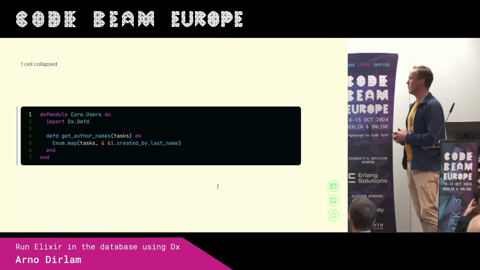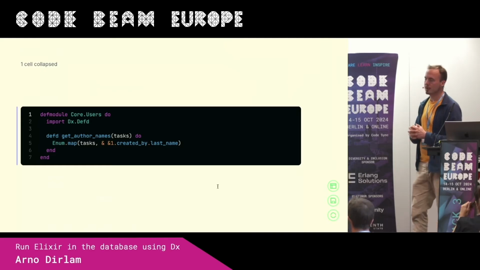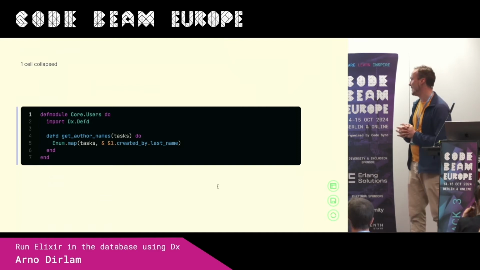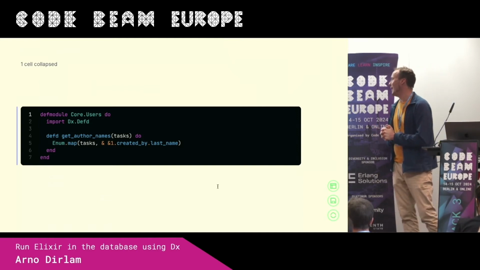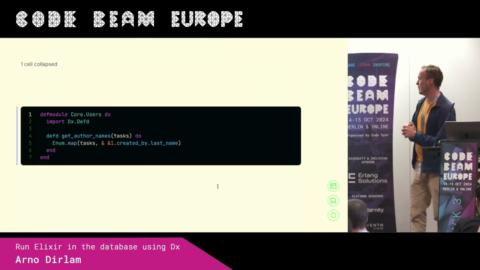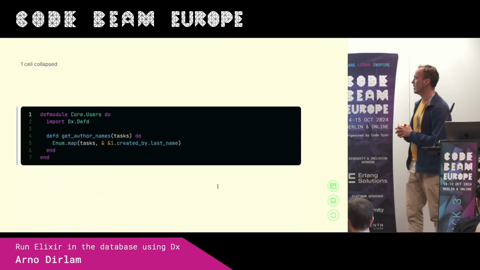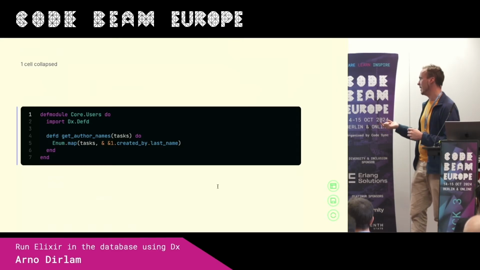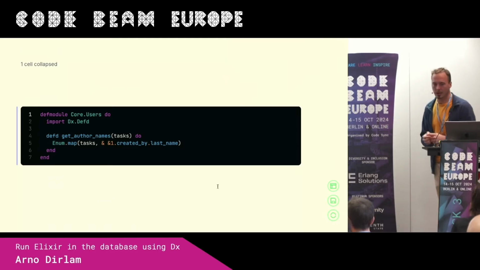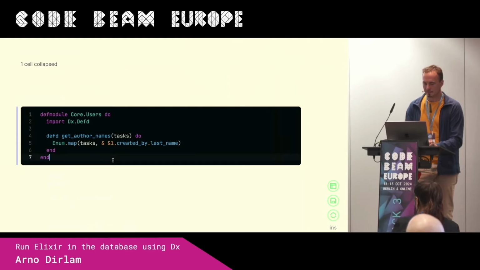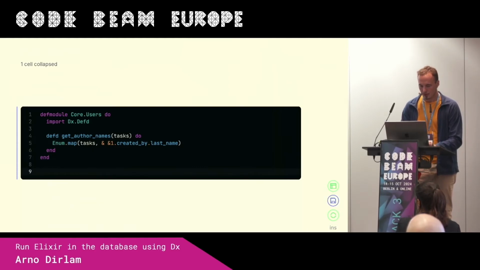So here, for example, we have this schema, a to-do list with lists and tasks, and here we have a simple Enum.map on tasks, and for each task we map the created by, which is a user, last name.